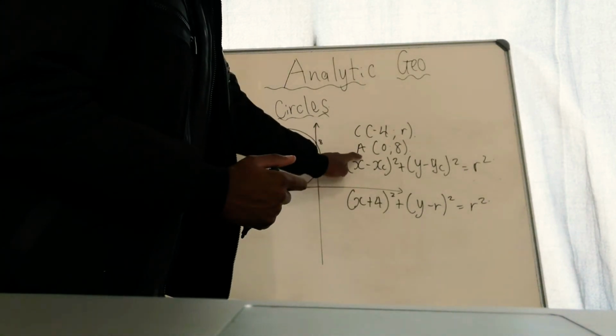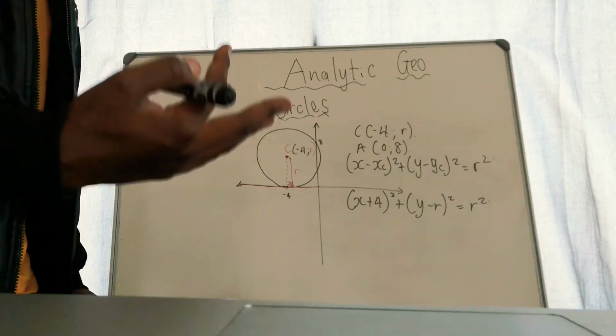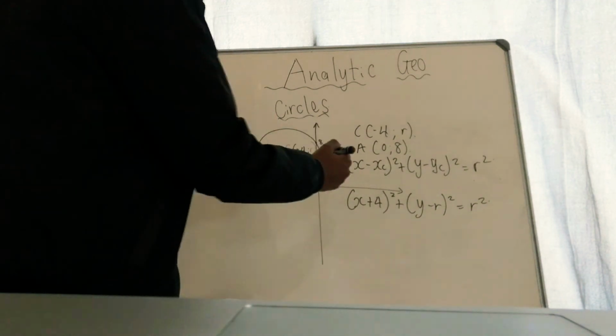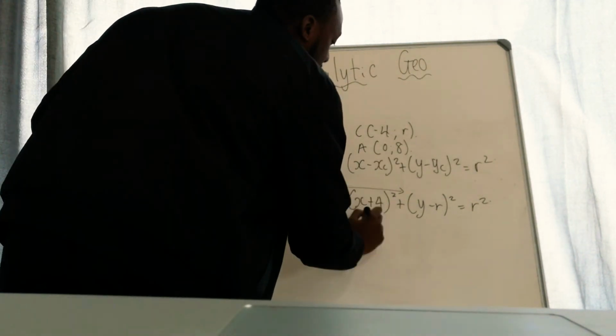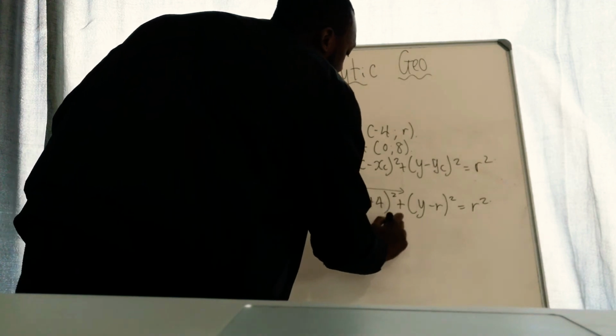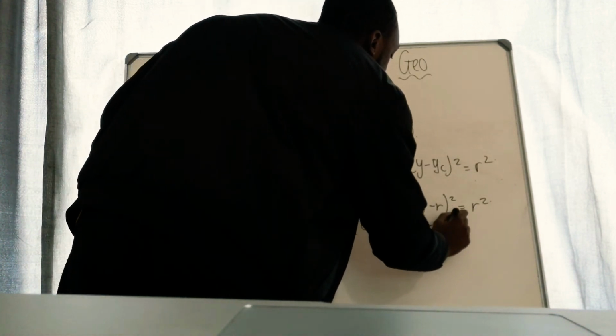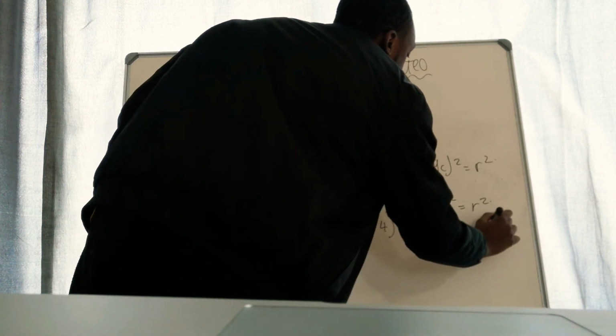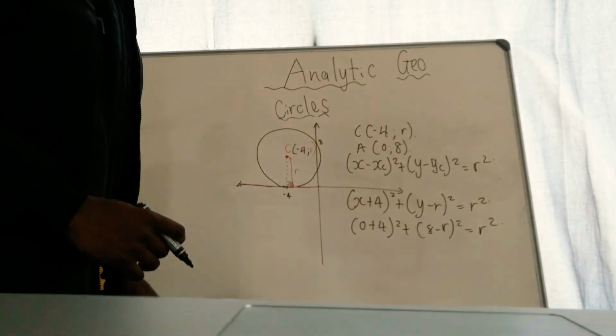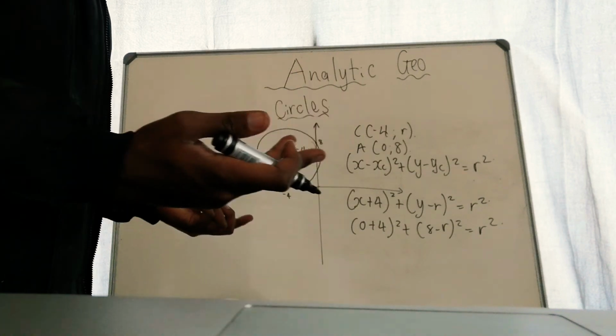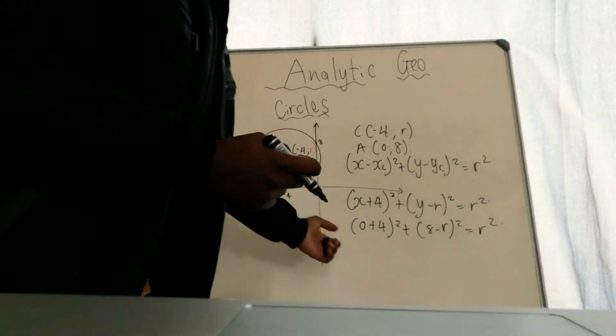And now I need to substitute that other coordinate that is on the circumference. When I substitute that, 0 goes in for x. For the y, it's 8. And all of this gives me an r squared value. And now I have the duty to solve this equation.